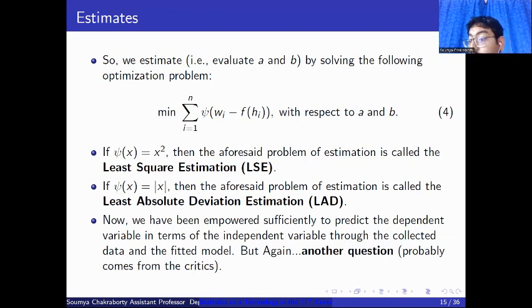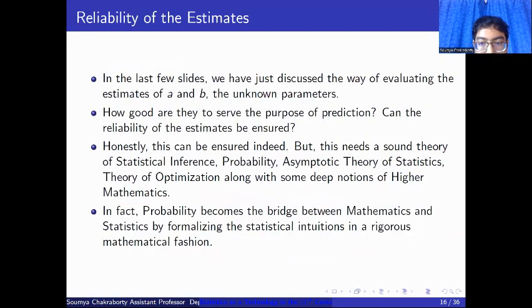But there is another question. So we have described the parameter estimation procedure, but can we ensure that these parameter estimates are in fact reliable? That is, we may rely on these parameter estimates.